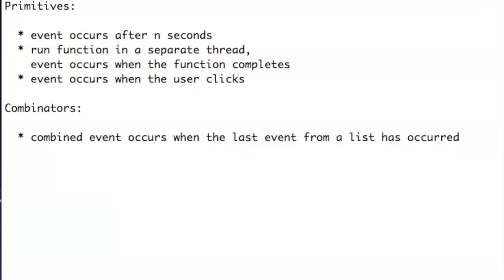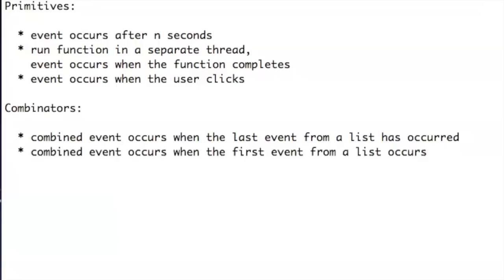And what would be our combinators? Well, the one I've found is if I have a list of such systems, their events occur at different intervals. And so I want the combined event to occur after they have all occurred. So in particular, it will occur at the same time as the last event.